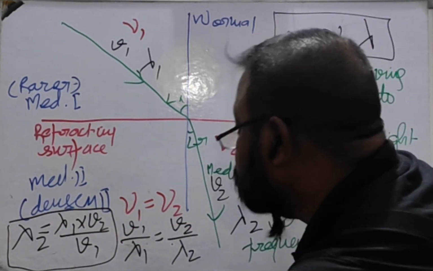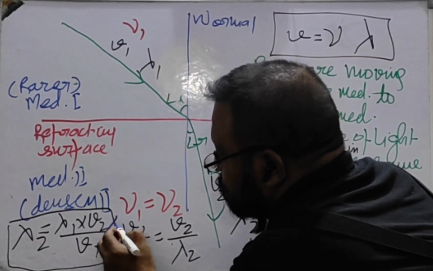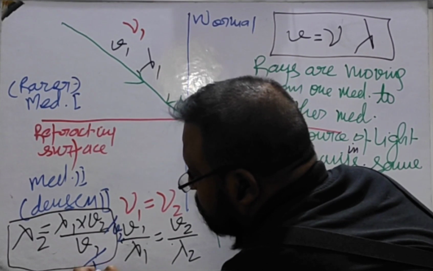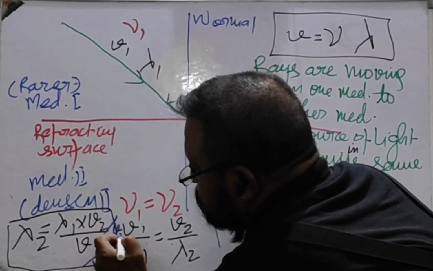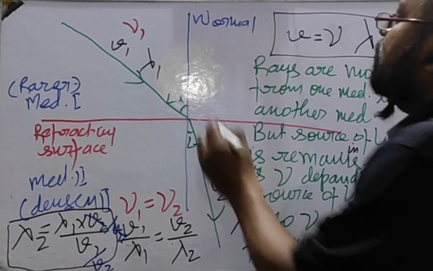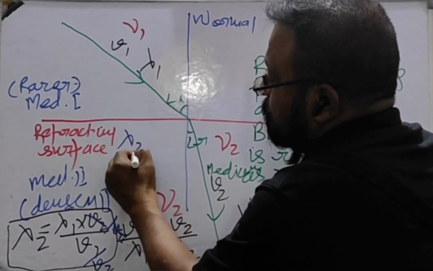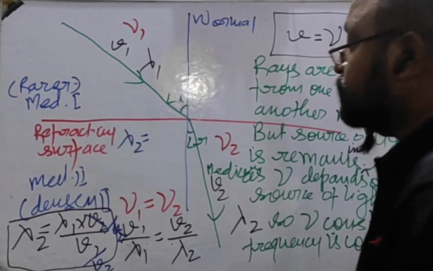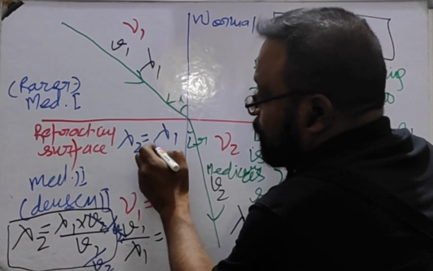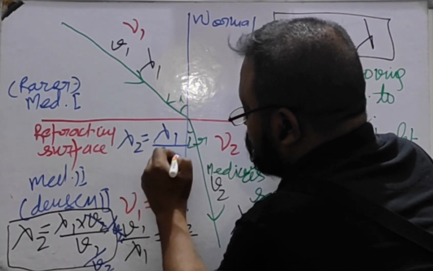Suppose we divide both by v2, so this v2 and this v2 cancel out, and you get lambda 2 is equal to lambda 1 upon v1 upon v2.